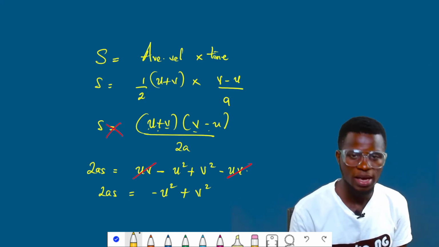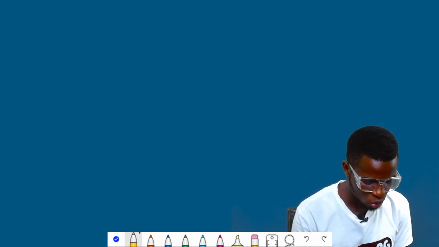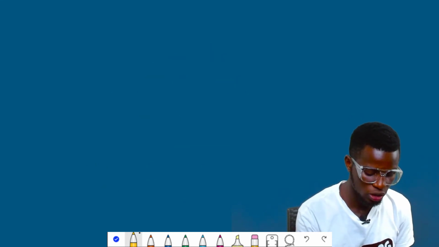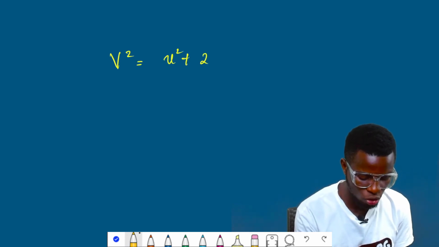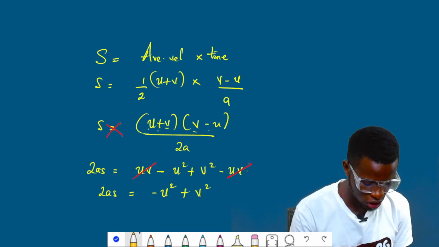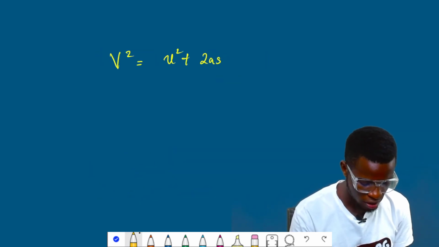If we make the final velocity the subject of the formula, we'll be left with v squared equals u squared plus 2as. Let us call it equation 5.